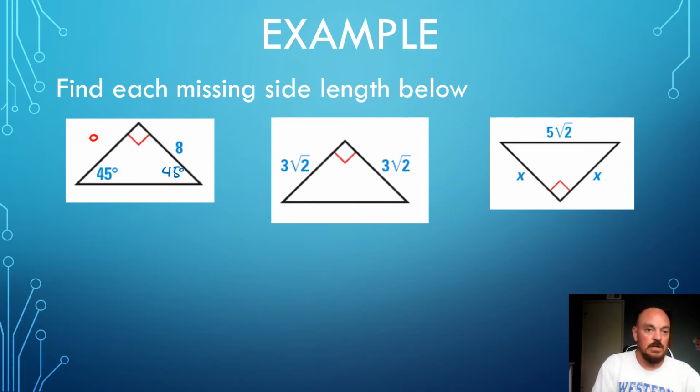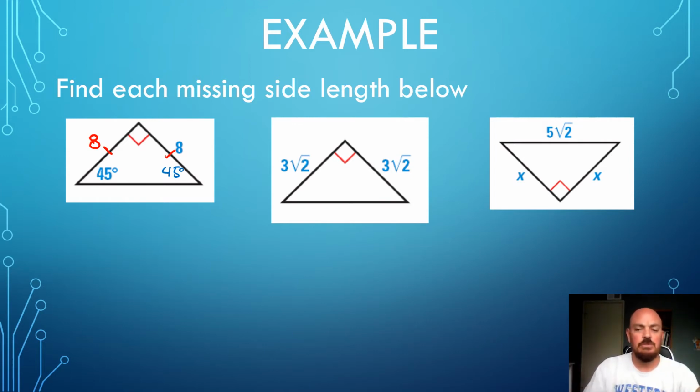So without doing any work at all, I can say the other leg is 8 there, because these two sides are congruent. They're both 8. So the only thing I really need to figure out is how long the hypotenuse, which is the bottom of that triangle, is. Now, we could do the Pythagorean theorem, a squared plus b squared equals c squared, do some work and find it. But this is a shortcut.